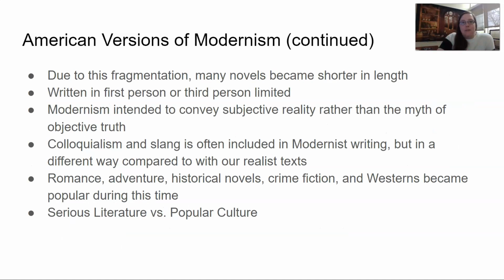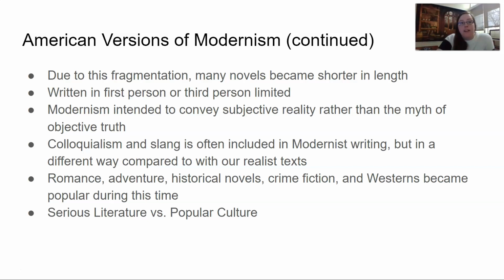It's the idea of fragmentation, and it causes novels and even poems to become shorter in length. Because we're taking out a lot of the statements of, here's what I want you to know, reader, you're getting shorter content.